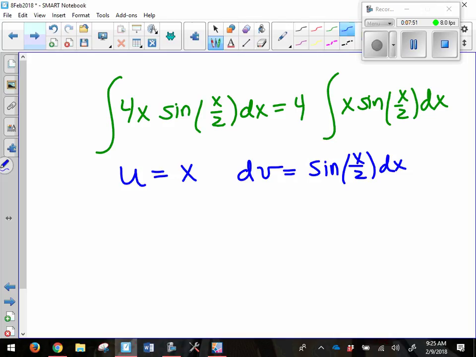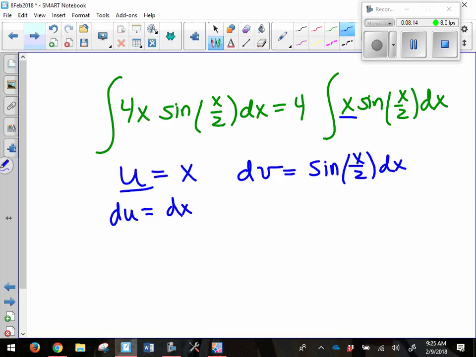Hang on a minute. Okay, so remember how we let the polynomial be u the first time? What's going to happen this time when I take my derivative of x? I'm going to get dx, and now my polynomial's gone. So what was the order of my polynomial originally?